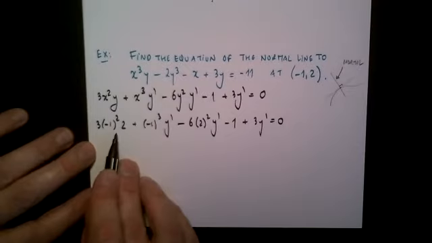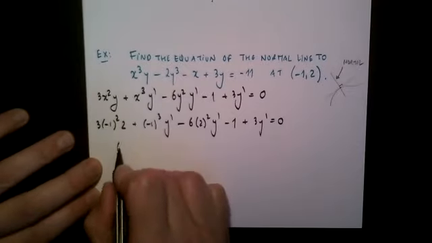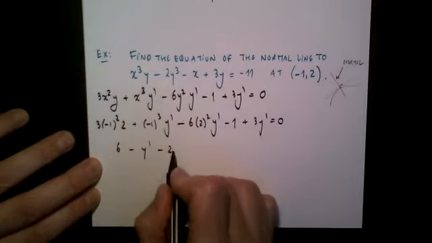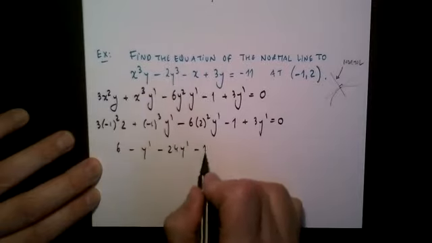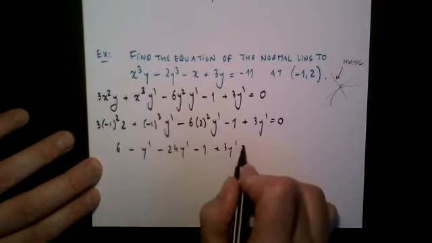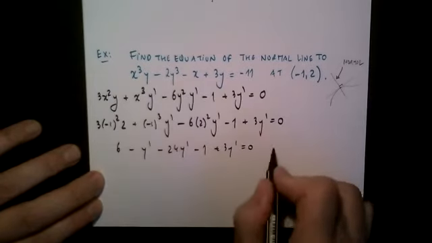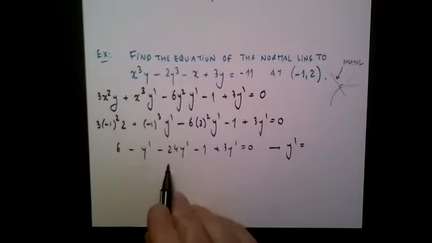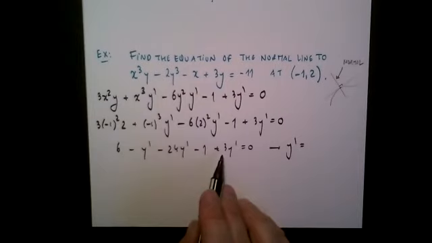And so I have, let's do extra steps, 6 minus y prime minus 24y prime minus 1 plus 3y prime equals 0. And so y prime is equal to, minus 25 plus 3 is minus 22.